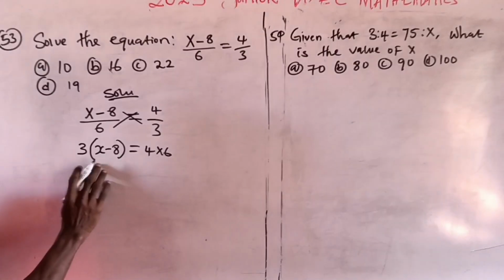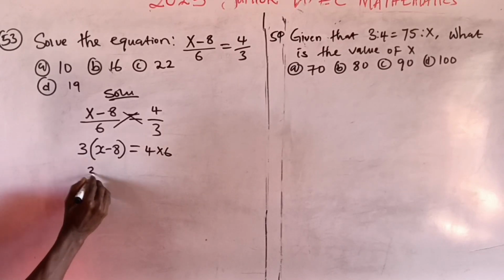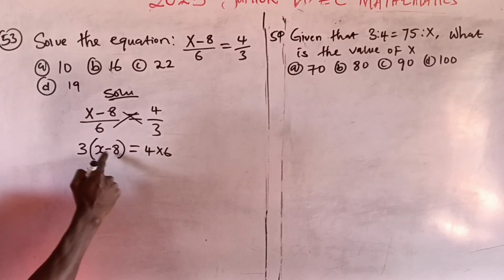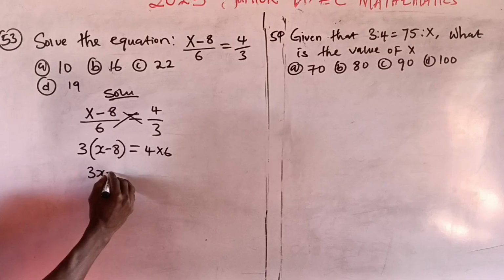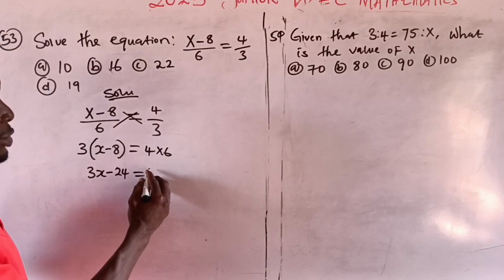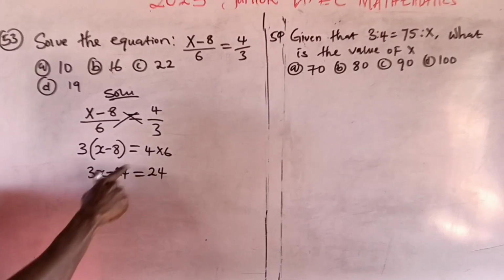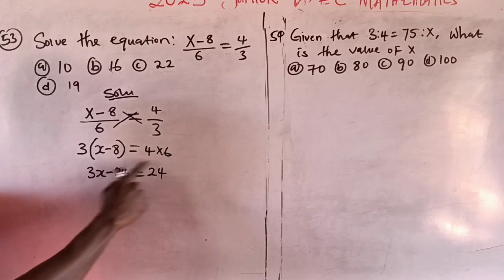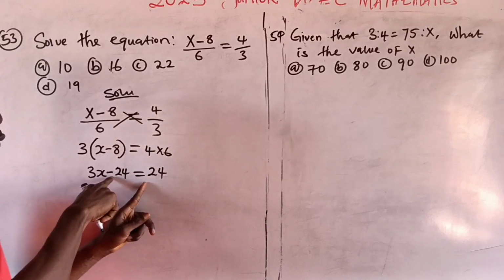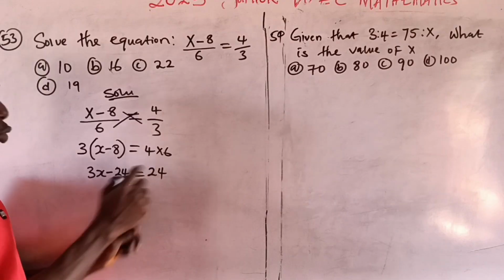So let's bring out this figure from the bracket. 3 times s will give us what? 3s. 3 times minus 8 will give us minus 24 equals 4 times 6 will give us 24. So now let's take this to this side. Once it crosses this side, because it has a negative sign, it will turn to a positive sign.